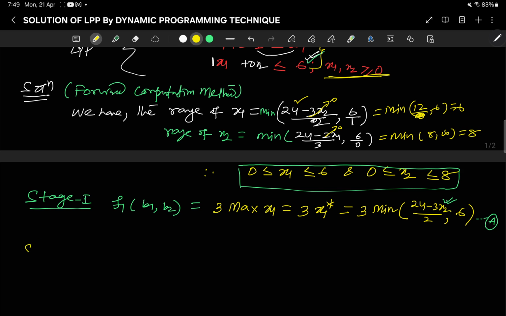Now what will happen in stage 2? In this stage we have x1 as the state variable.